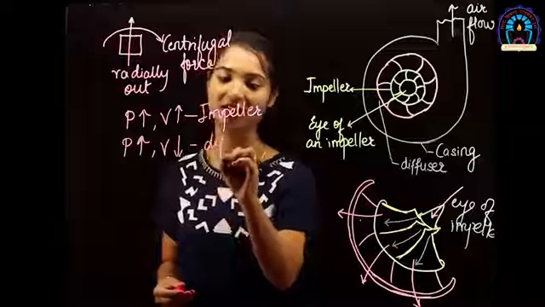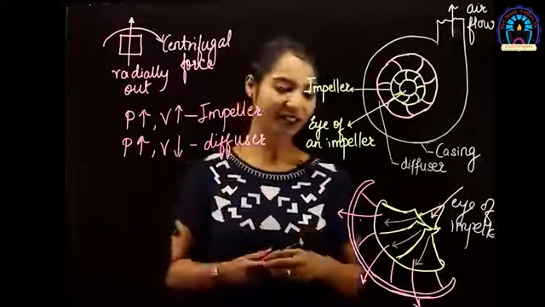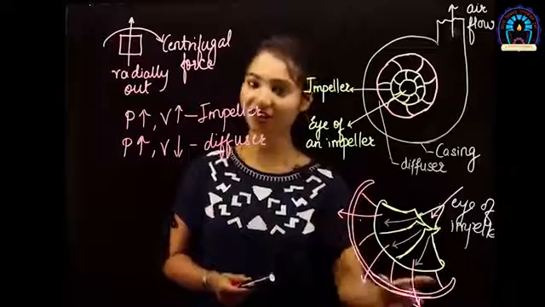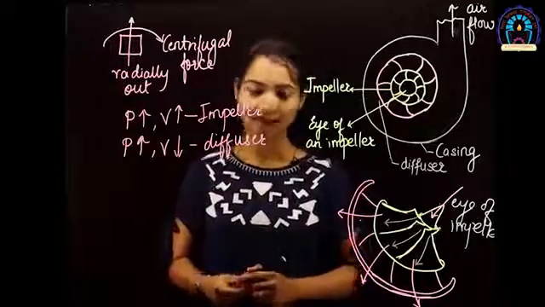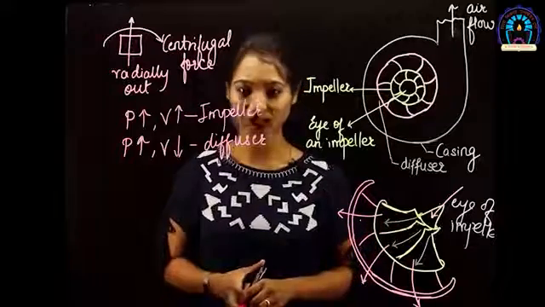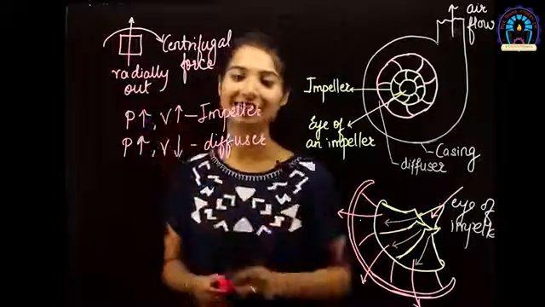So this happens in the diffuser. I repeat, the pressure increases in the diffuser due to the diverging section and the velocity decreases. Hence, the main aim of the centrifugal compressor, that is to increase the static pressure, is achieved.